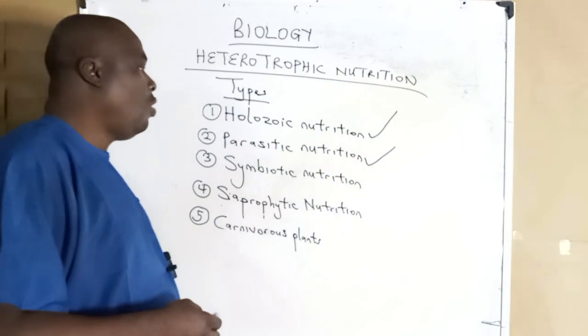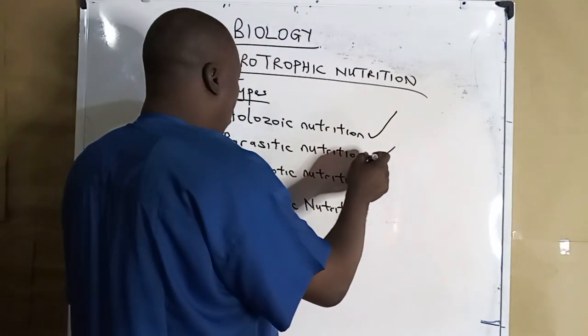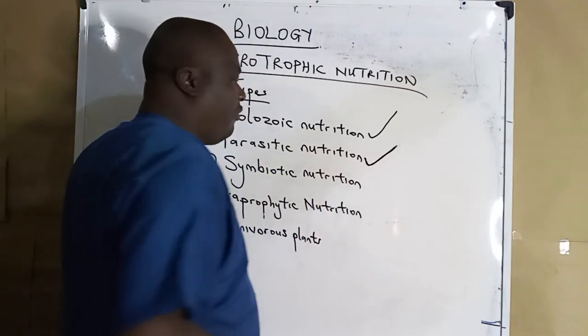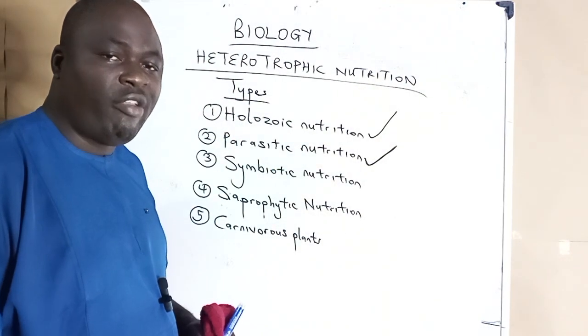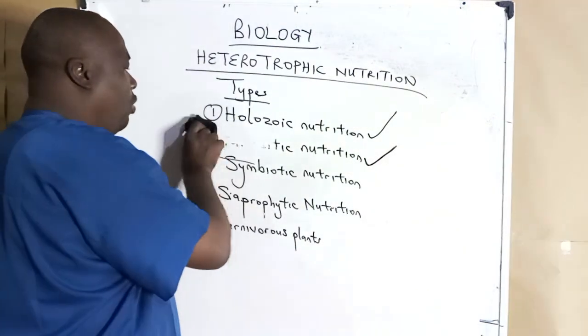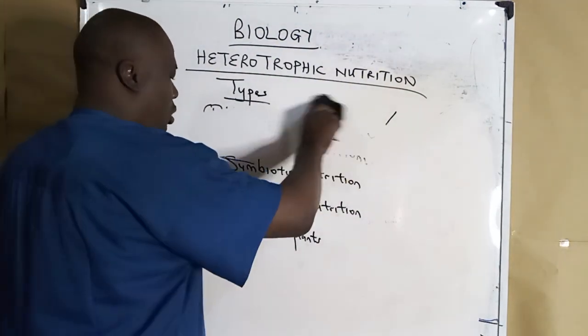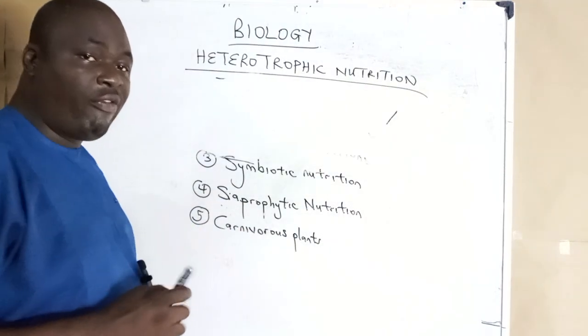And we talked about parasitic nutrition, where animals called parasites feed on organisms called hosts, causing diseases in the process. Today, we'll be looking at symbiotic nutrition, saprophytic nutrition, and carnivorous plants.